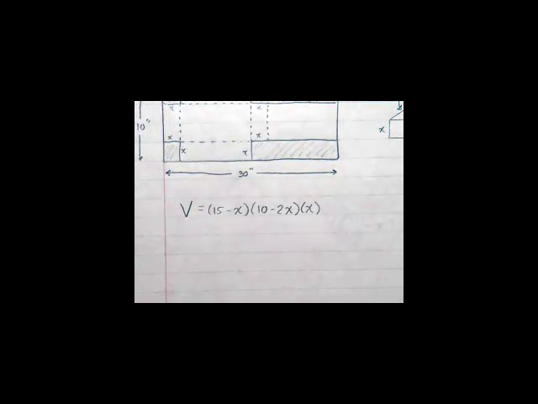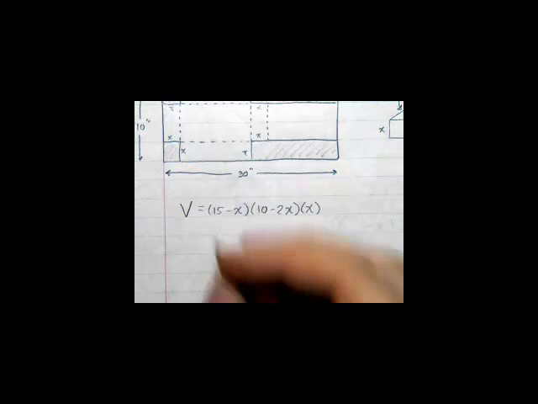Now, if I'm going to maximize the volume, I got to take its derivative, set it equal to 0, do all that again. If I'm going to do a derivative of this thing, I don't know about you, but I'm going to multiply it. I want to multiply that all together, get a nice polynomial, and then use that to do the derivative instead of having to try to do a product rule a couple of times here.